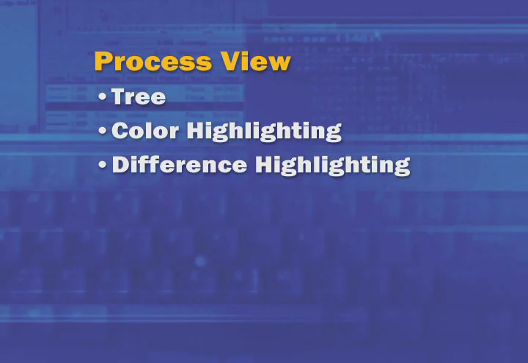But one of the colors that Process Explorer uses helps you identify changes in processes that are coming and going, which are very hard to identify in Task Manager's process list. You've got to really watch carefully to see things coming and going in that list. It's something I called difference highlighting. Difference highlighting will highlight a process that's born, in other words, not in the previous display but in this one, in a green color, and highlights ones that have exited in a red color.